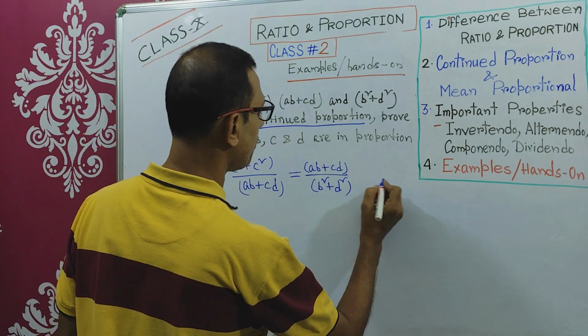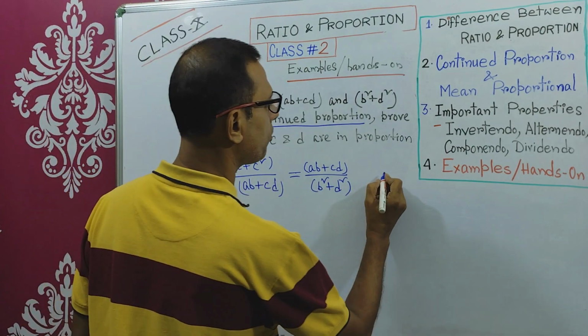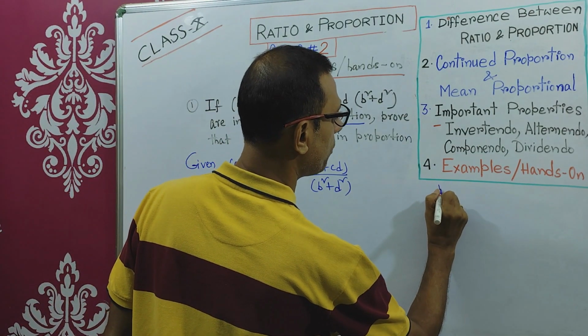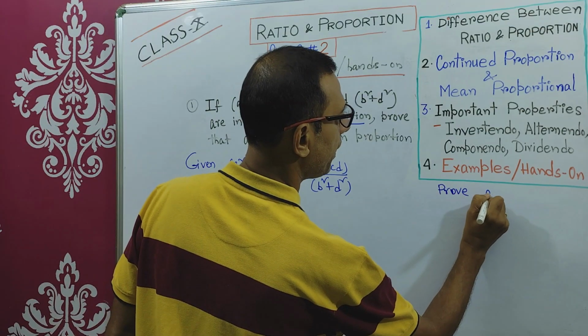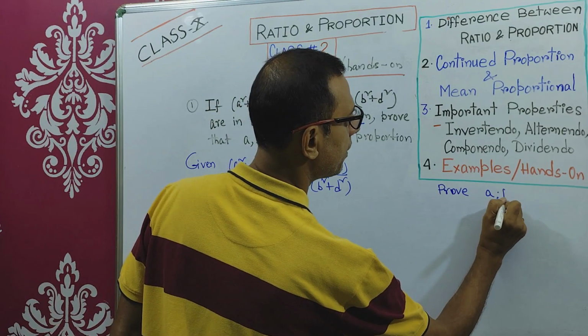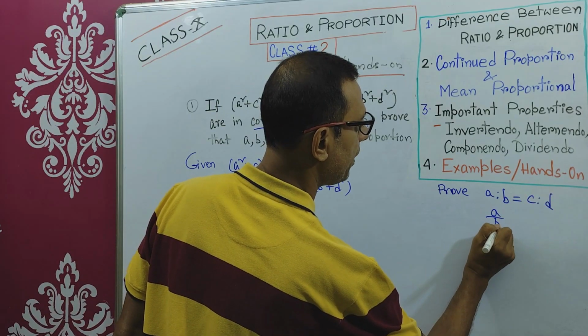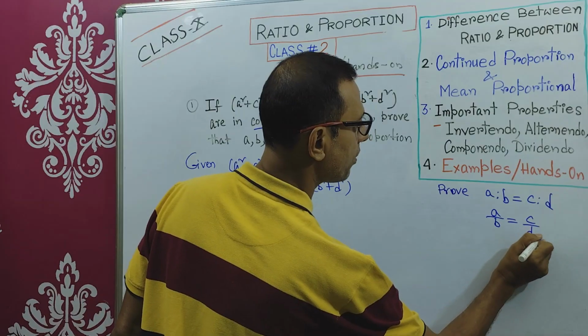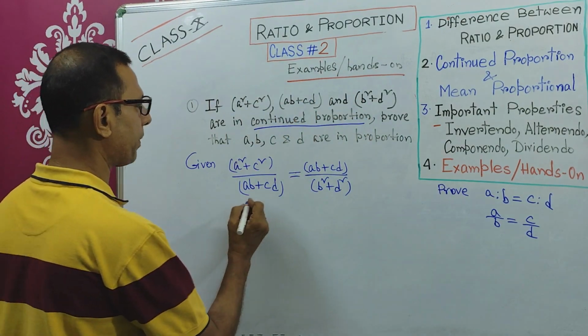What you need to prove is A is to B equals C is to D. So that means A by B equals C by D. That you need to prove. So now just multiply, let's see what happens.